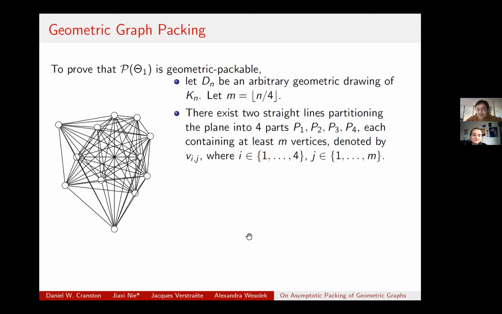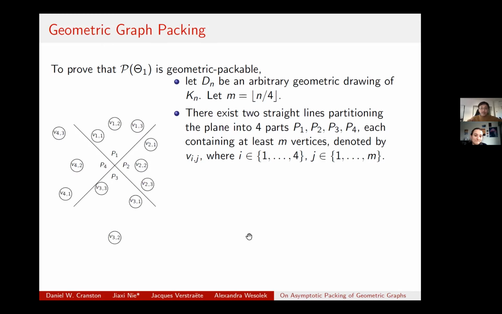The second step is that there exist 2 straight lines partitioning the plane into 4 parts, P1, P2, P3, P4, each containing at least M vertices. This is by a topology theorem called the ham sandwich theorem. You can Google it if you're not familiar with it.